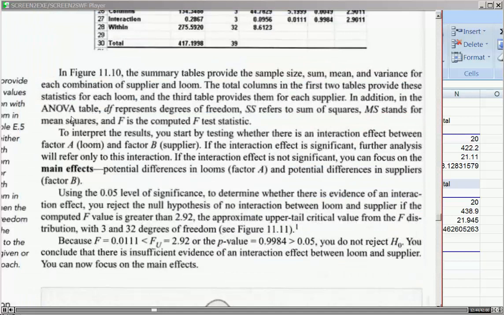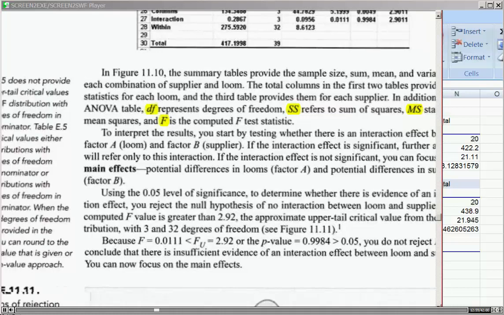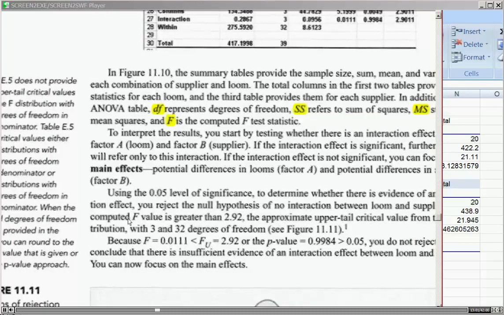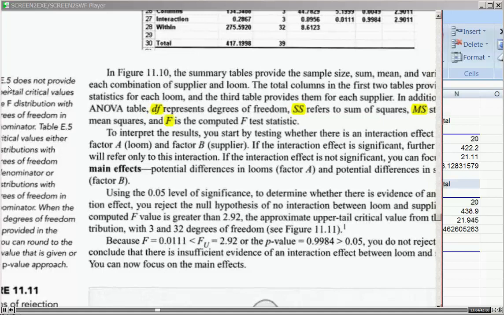In addition, in the ANOVA table, degrees of freedom represents degrees of freedom. Sum of squares refers to sum of squares. Mean squares stands for mean squares, and F is the F statistic, computed test statistic. Let's see what they have here. Okay. Table E.5, that's on the back of the book, does not provide the upper tail critical values from the F distribution with 32 degrees of freedom in the denominator, which is right here.